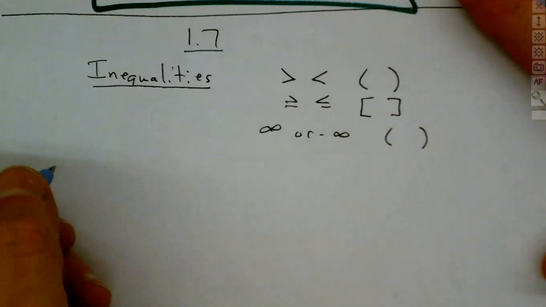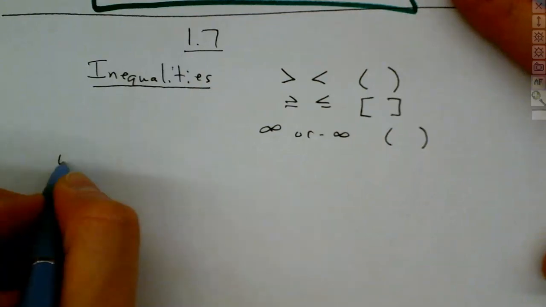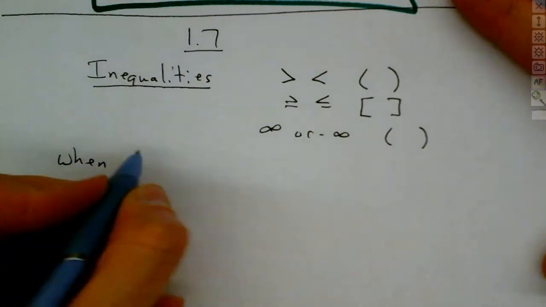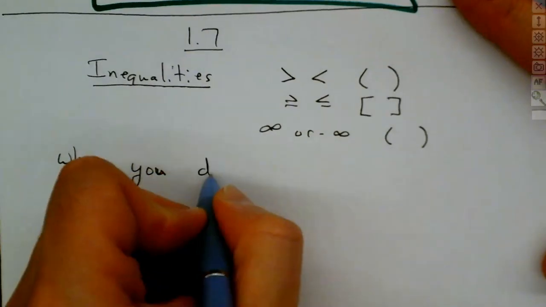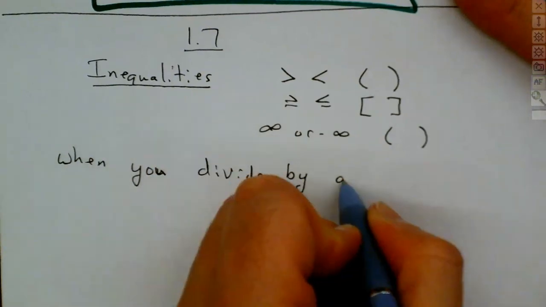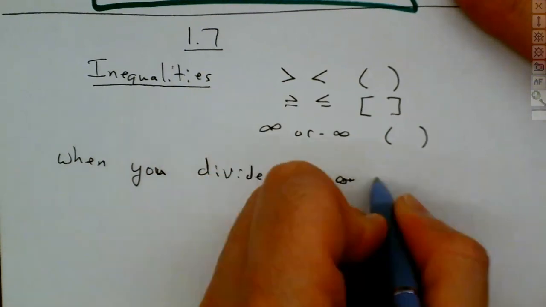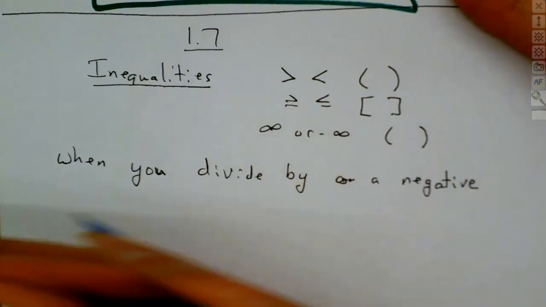Also, when you divide or multiply by a negative number, what happens to the inequality? Does anyone remember? And usually when it's just dividing. But when you divide by a negative, what's going to happen to the inequality?